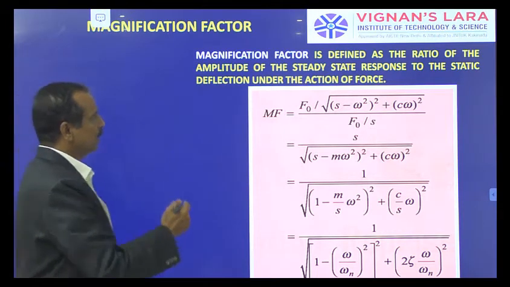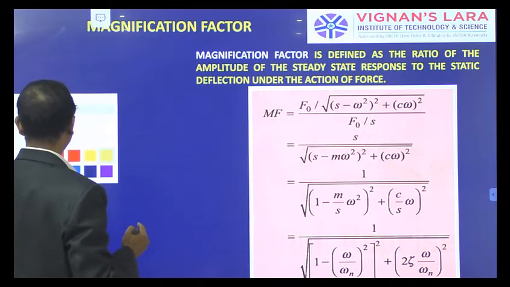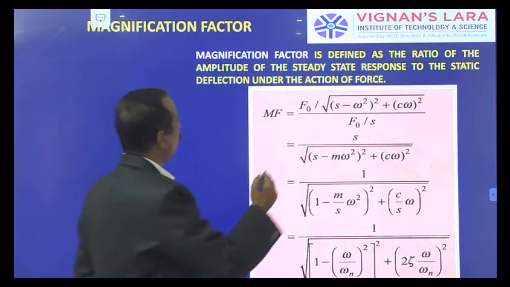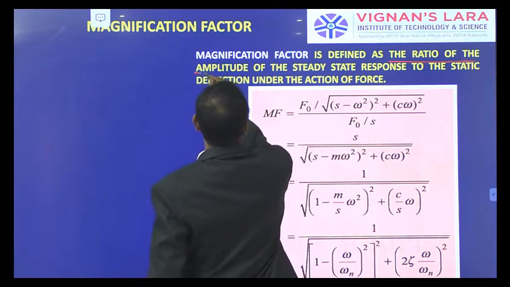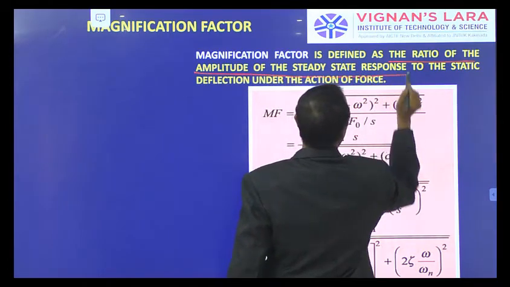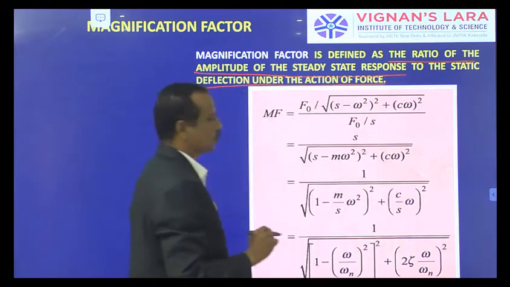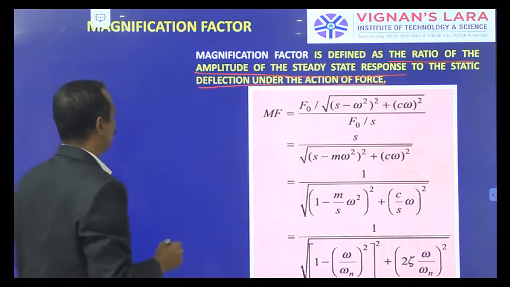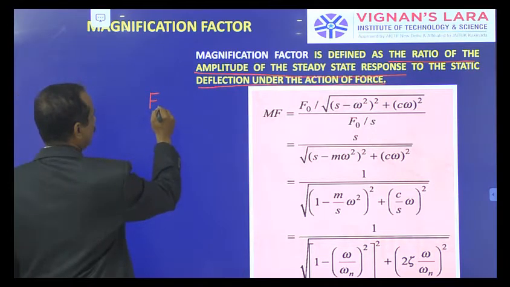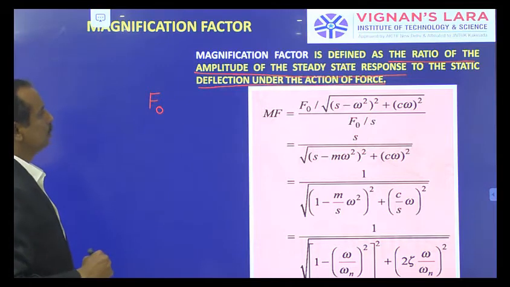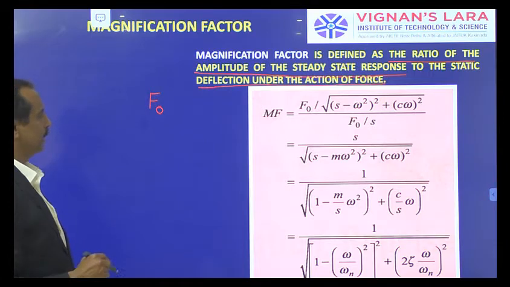So you can see it is defined as the ratio of the amplitude of the steady state response to the static deflection under the action of force. I take the force as F naught. This force is applied under dynamic condition.